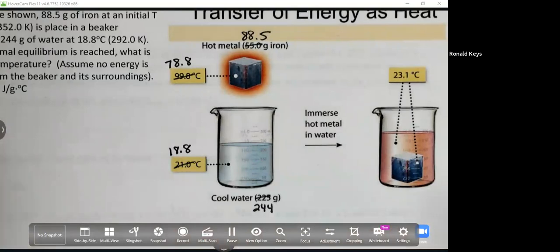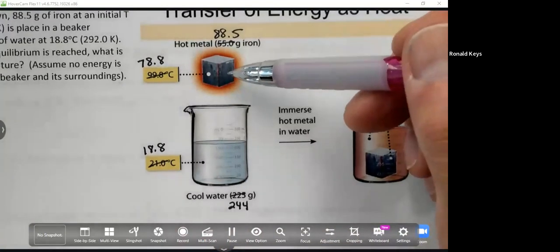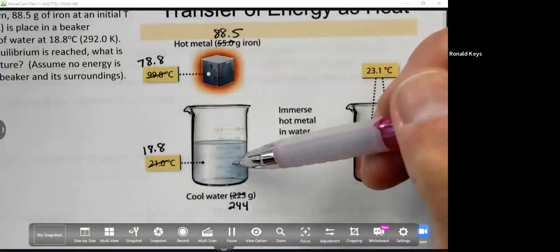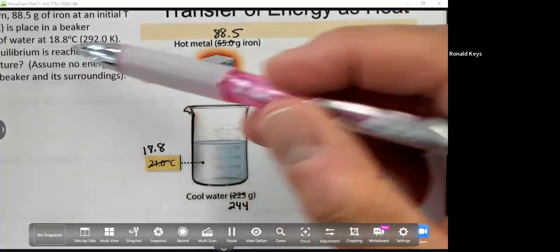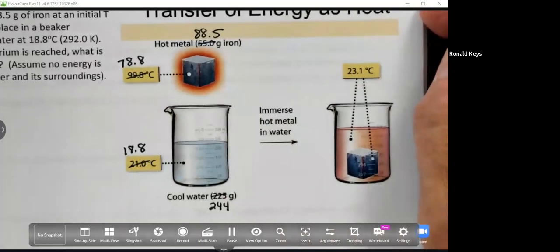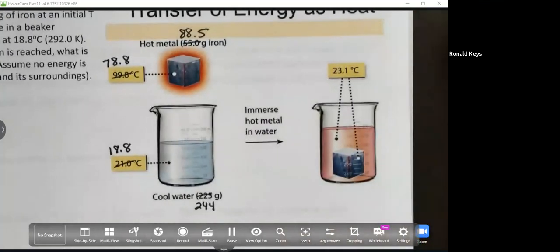If you drop this in here, obviously the temperature better go up. When thermal equilibrium is reached, what is the final temperature?